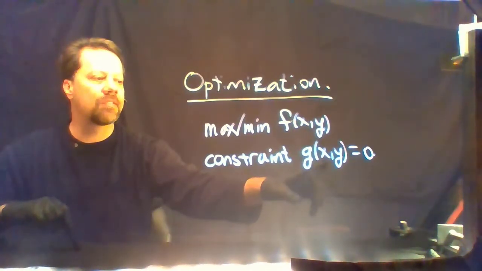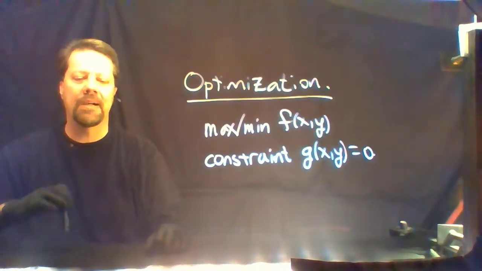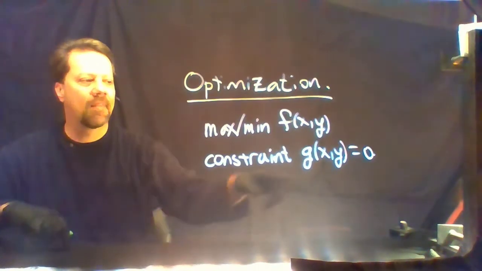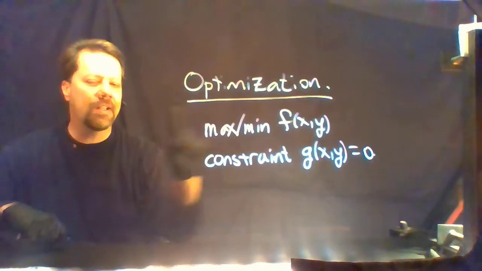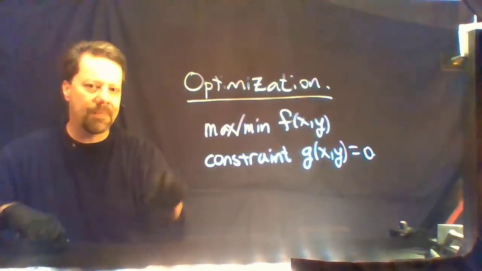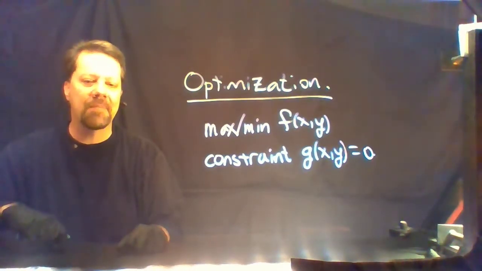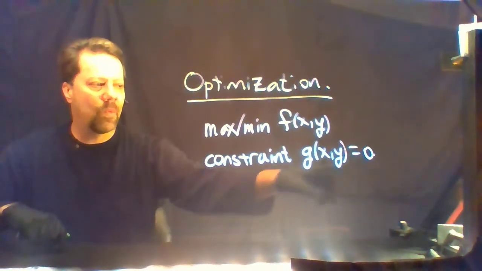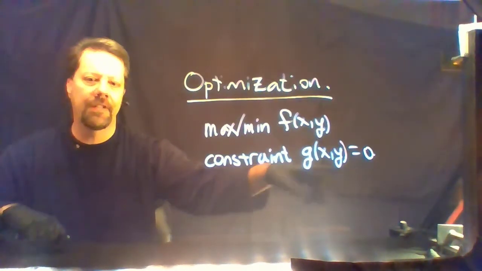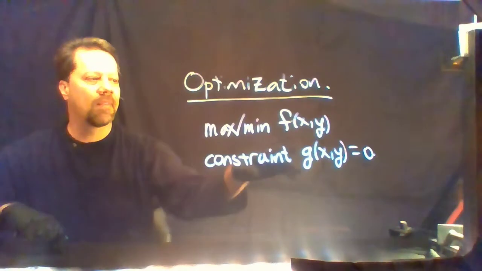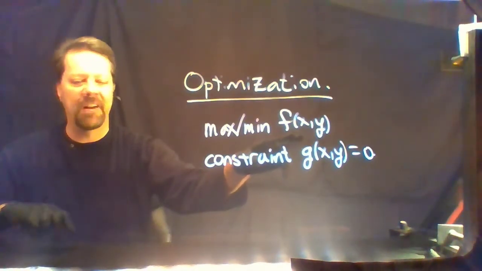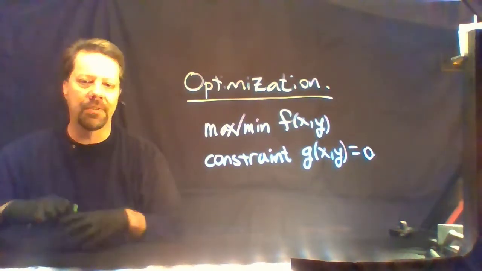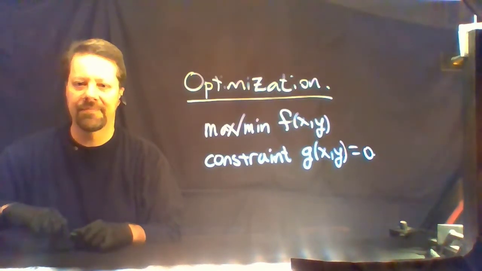So if I choose x, y then is determined by the equation. You can see that I have 1 degree of wiggle room in a two-dimensional space. That means I end up with a one-dimensional object, a curve, in R2. We're trying to find the maximum and minimum values of this function subject to being on some curve.